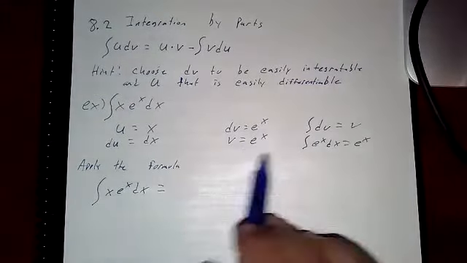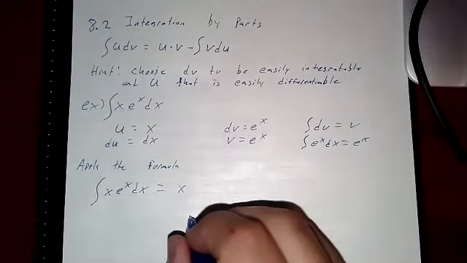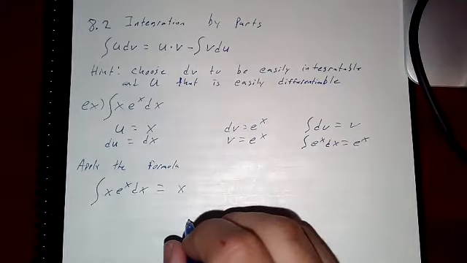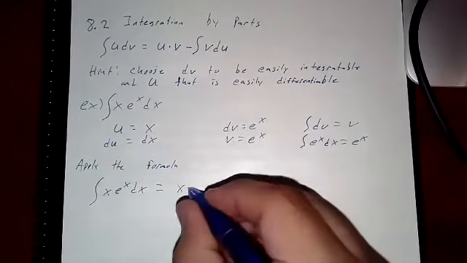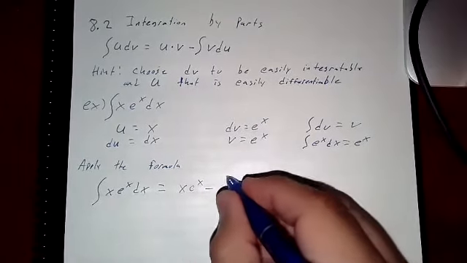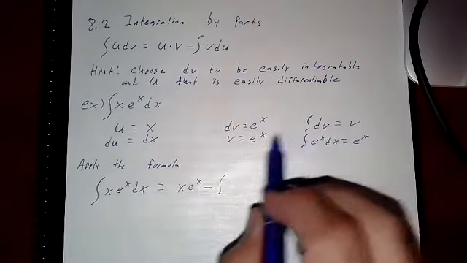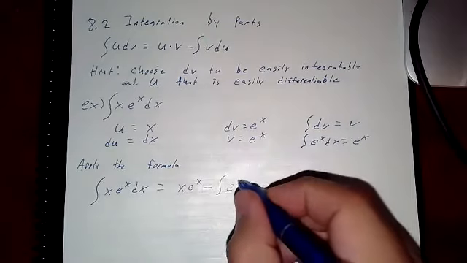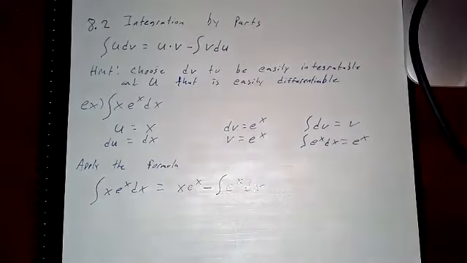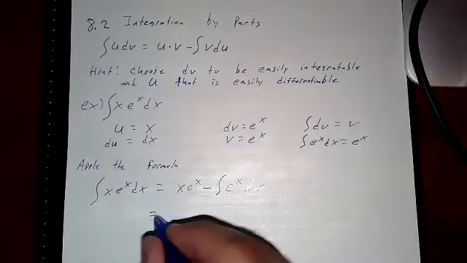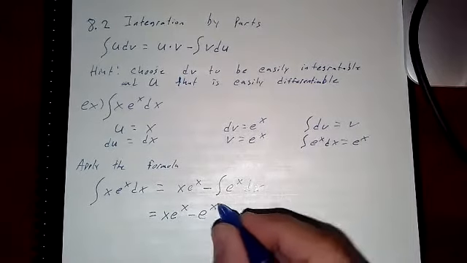Since I chose them this way, it'll be x times v, minus the integral of v du, which will become x e to the x minus e to the x plus c.